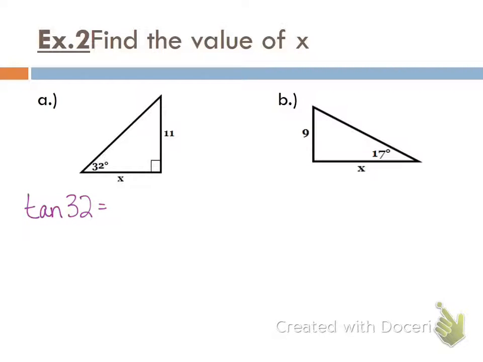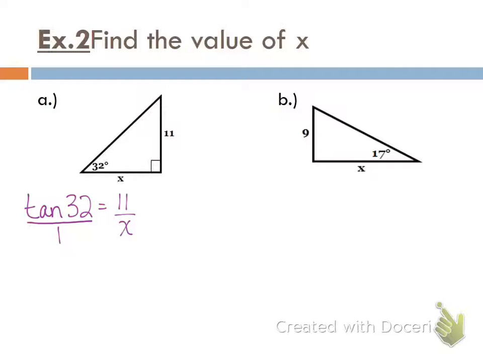Equals. Now we can kind of treat this like we did the last one. We want the side that's opposite over the side that's adjacent. What's opposite the 32 degree angle? Over what's the adjacent side? X. When we go to solve these, we are going to treat them like a proportion, which means I need both sides to look like fractions. So I'm going to take the tangent of 32 degrees and put it over a 1.